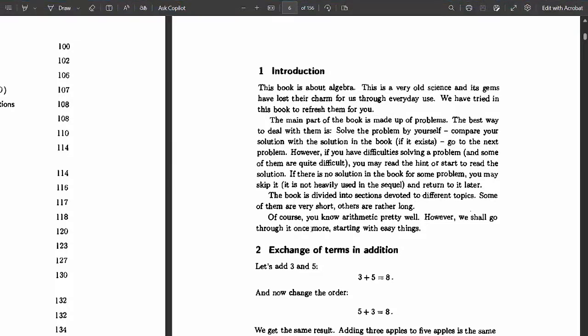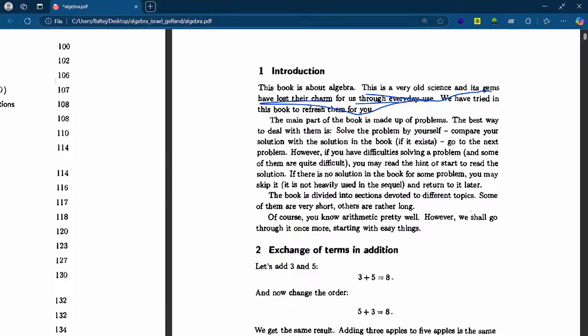Let's start from the basics. This book is about algebra. It's great. Very old and extensive.